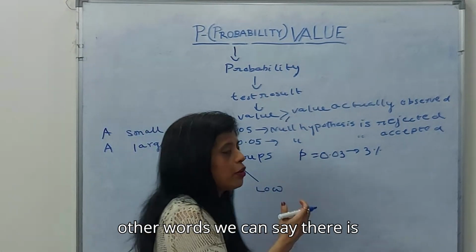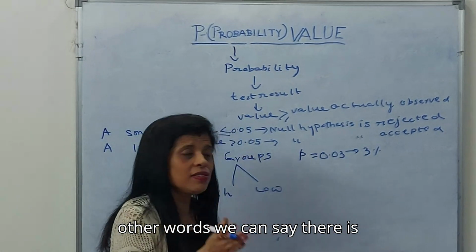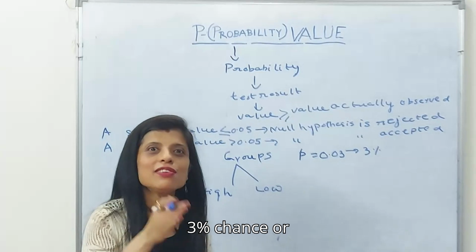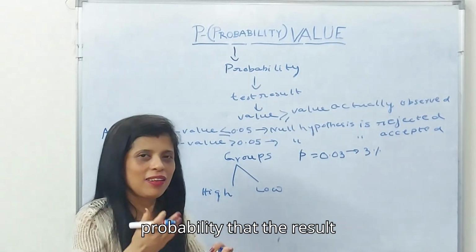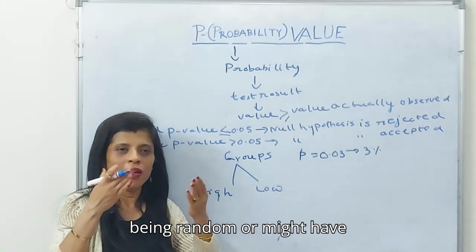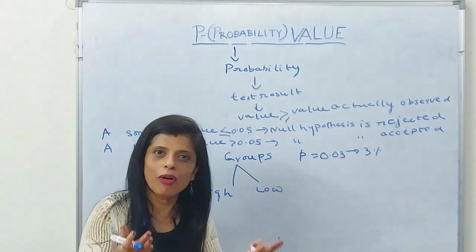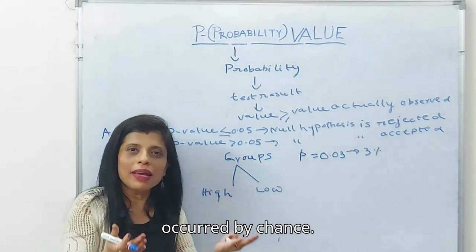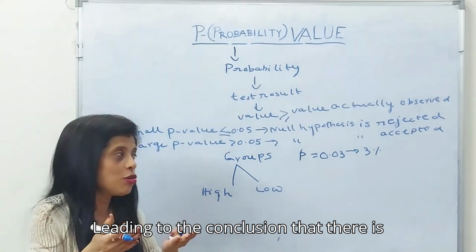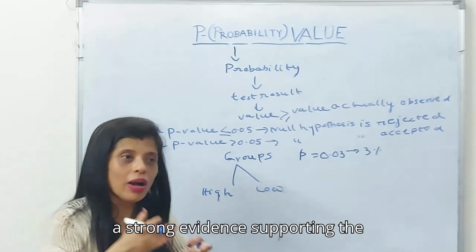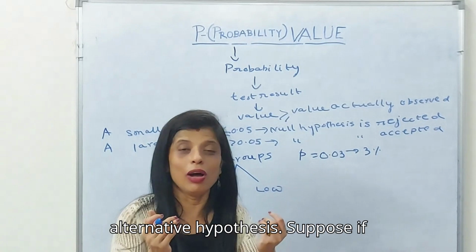In other words, there is a 3% chance or probability that the result is random or might have occurred by chance, leading to the conclusion that there is strong evidence supporting the alternative hypothesis.